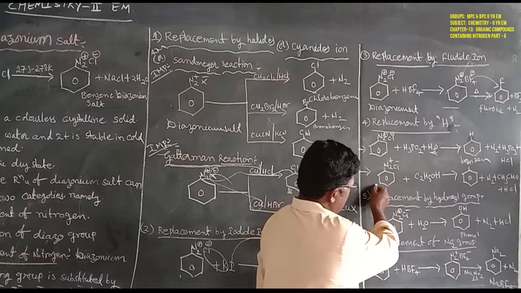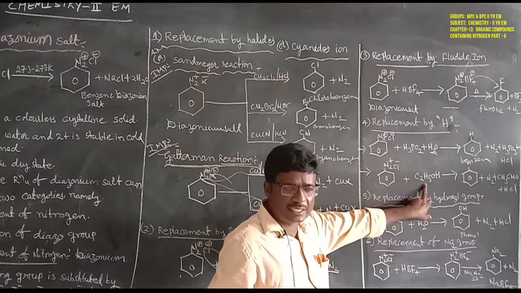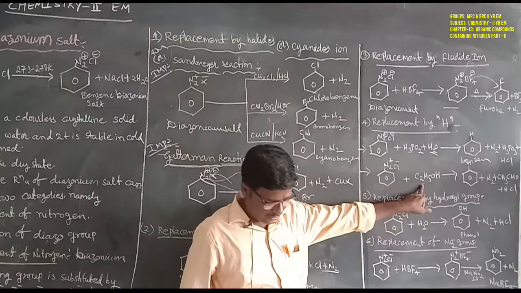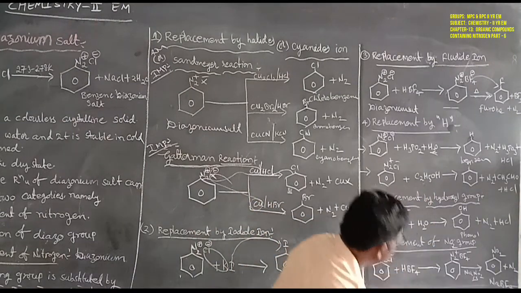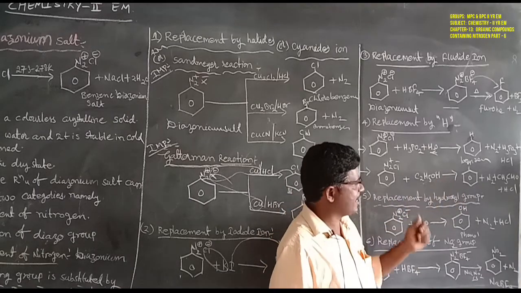Next one, benzene diazonium chloride treated with the ethyl alcohol, C2H5OH, also called as ethanol.